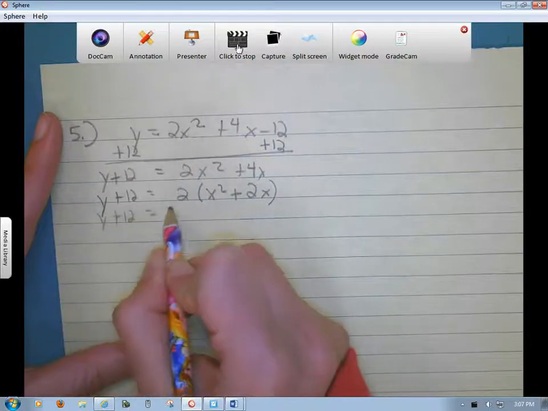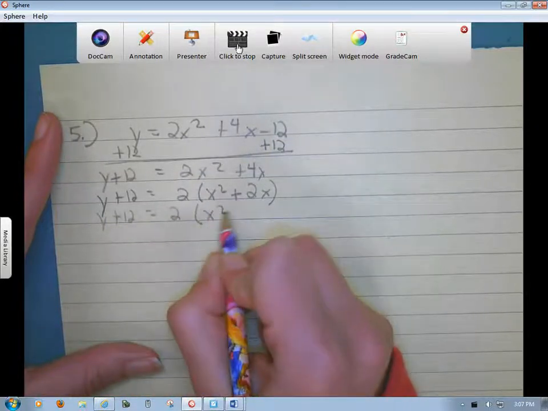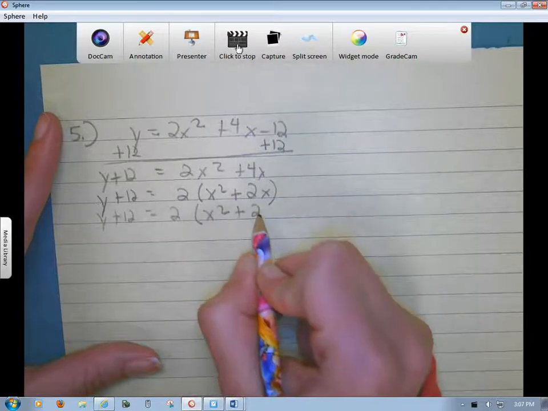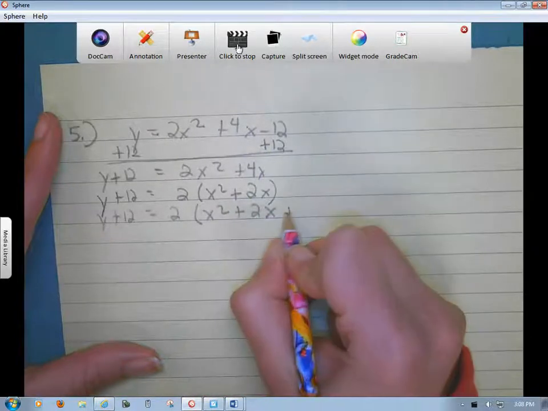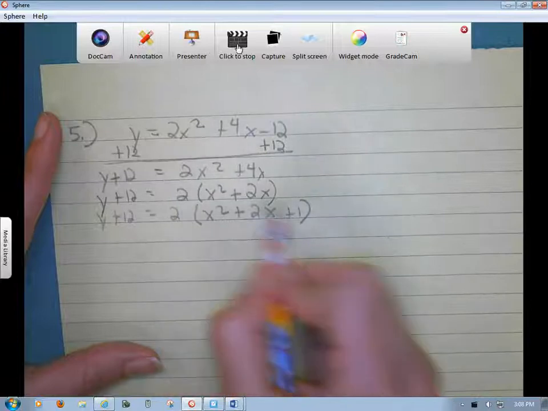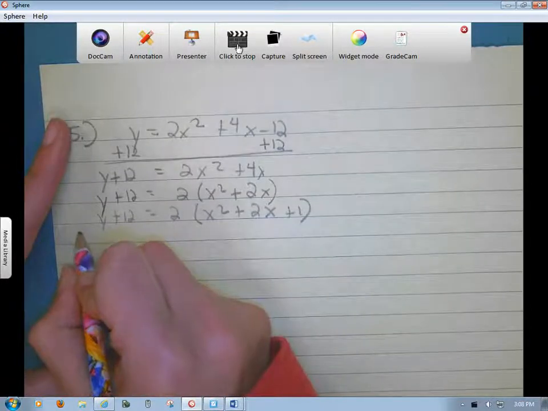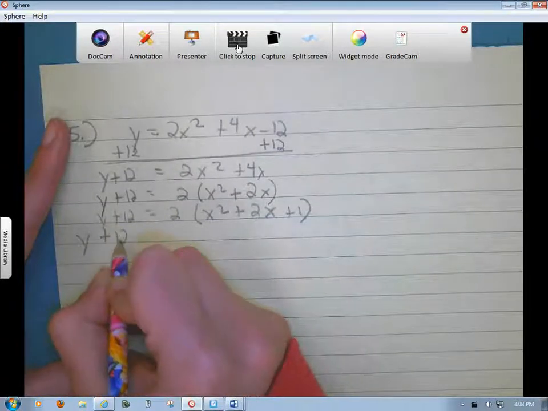Now I'm going to complete the square. Half of 2 is 1, and 1 squared is 1, but that 2 was out there, so I'm really going to add a 2 over here.